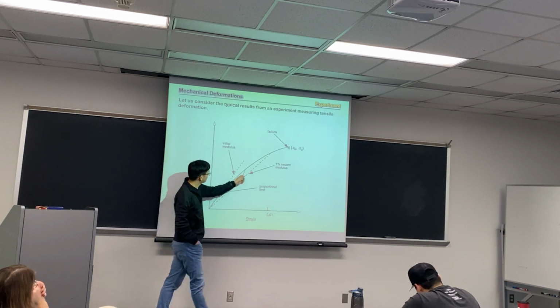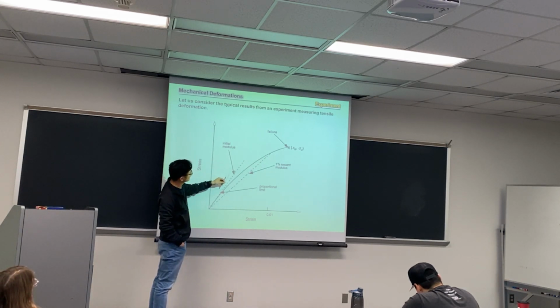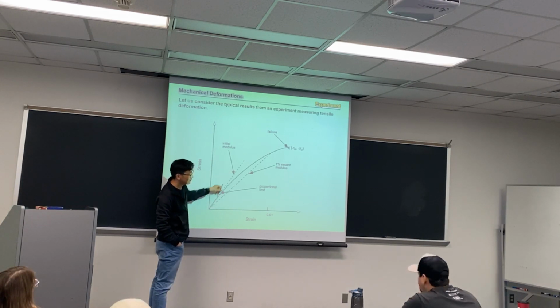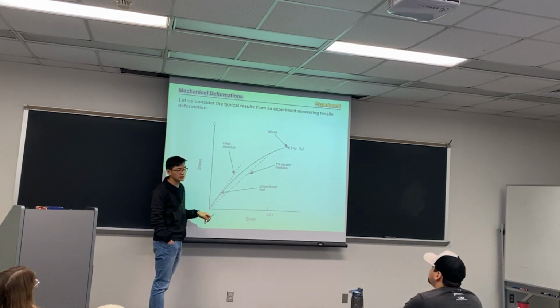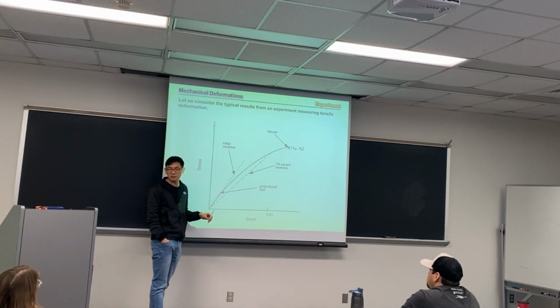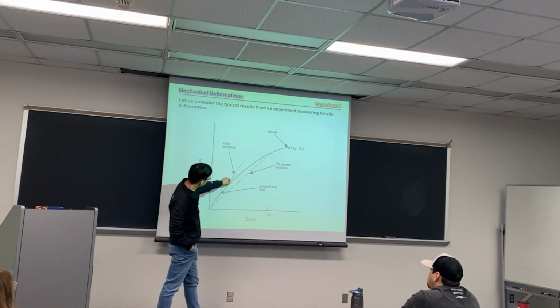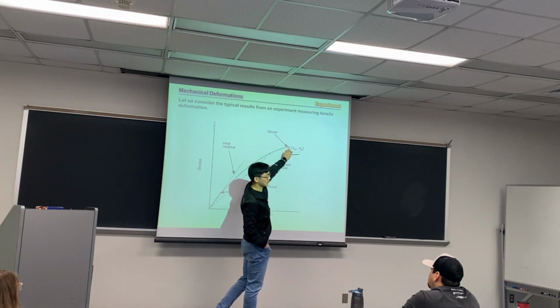The black curve is what we have measured. There are also two parameters we need to talk about. As you can see, this is not a linear line. If you have a pure elastic behavior, even for the polymer, you should have a linear stress-strain curve. But as you can see, when the strain goes up, your polymer stress starts to plateau.